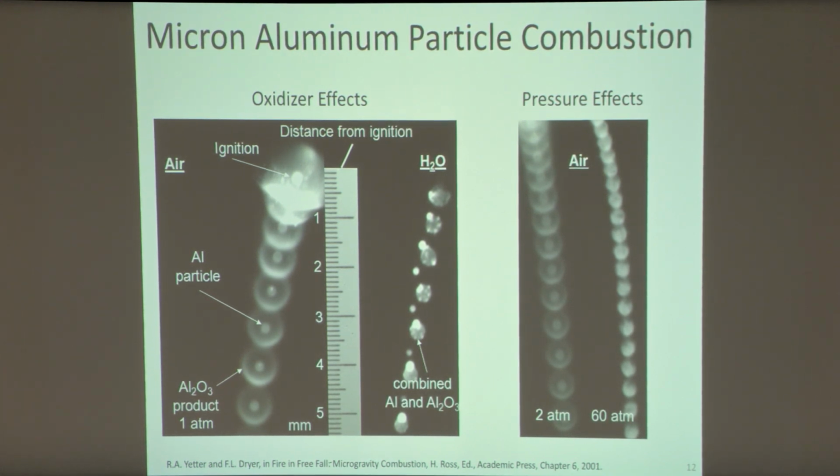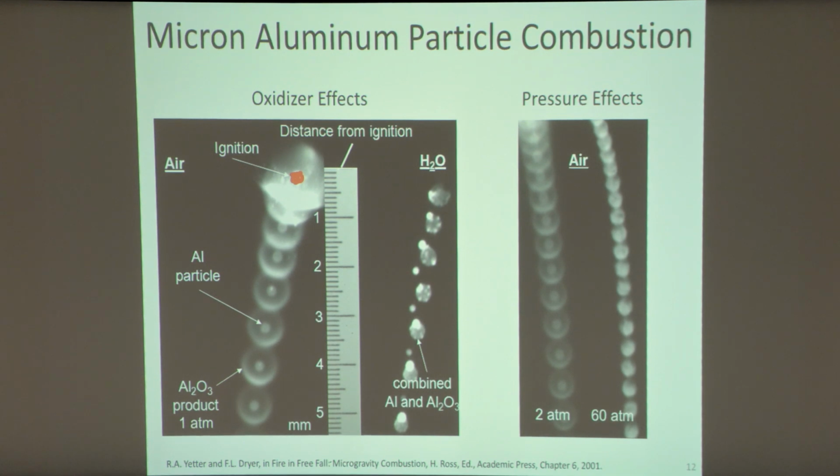As they started to fall, they went through the focus of a CO2 laser that heated up that cylinder and ignited it. And so that's what you're seeing here. The left-hand picture is the aluminum burning in air. When I ignite it, the cylinder melts and forms a sphere, and it starts to fall in a low Reynolds number situation.